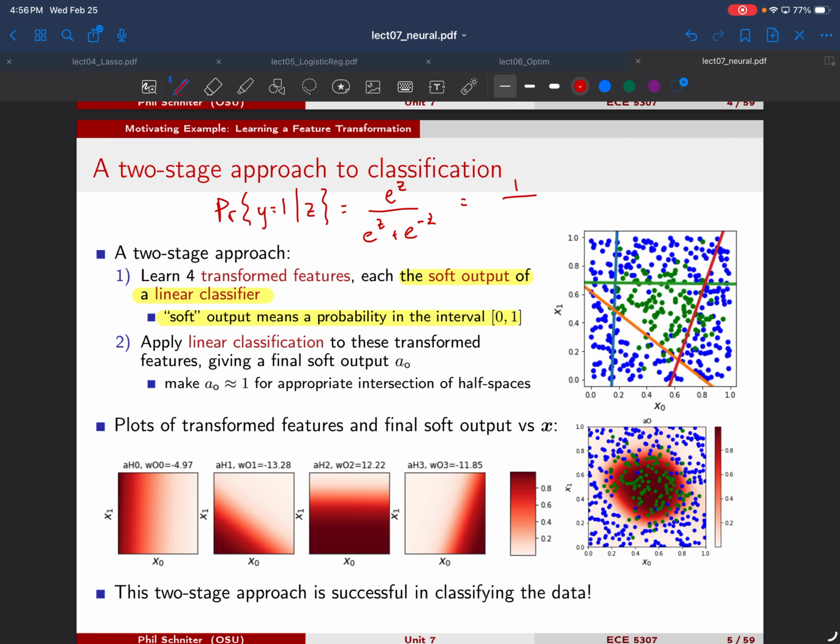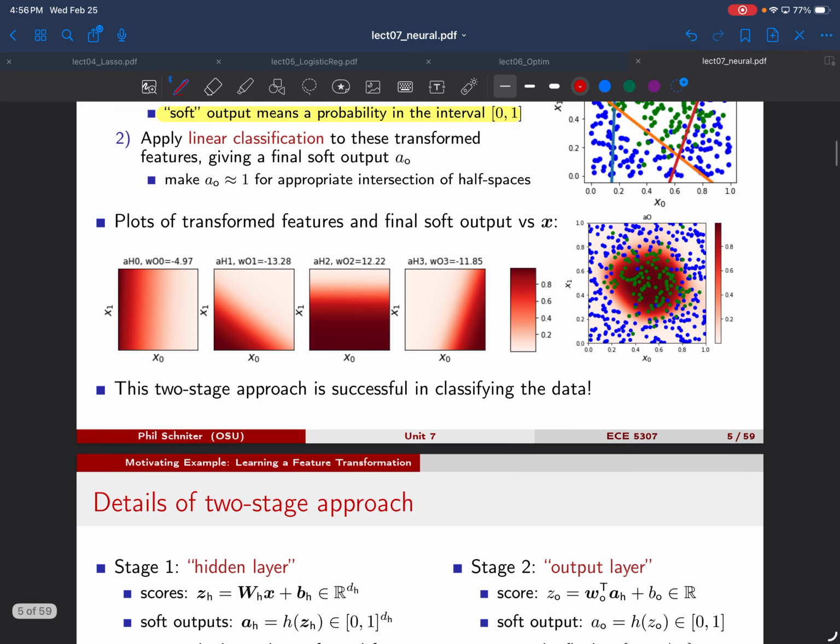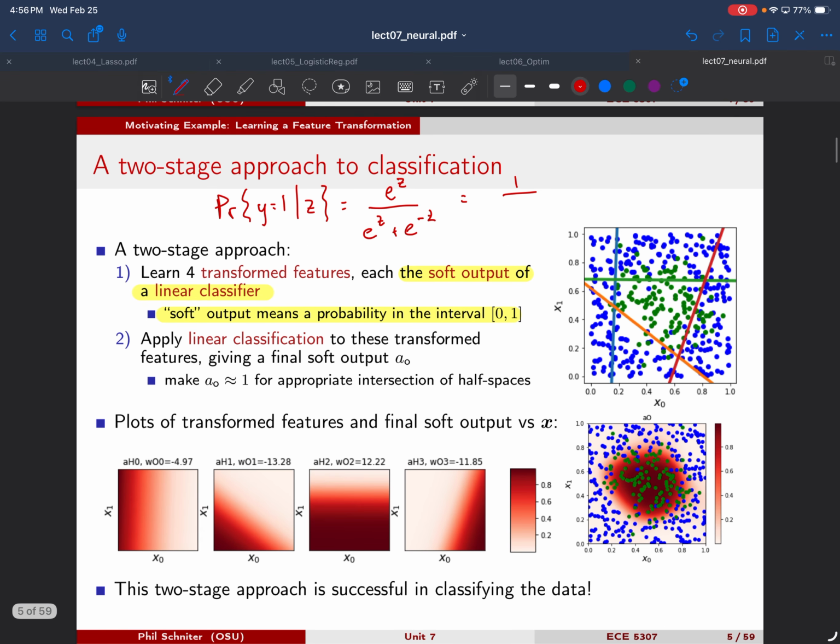You can write it as 1 over... I'm trying to remember how exactly we wrote it. It depends if we're doing labels plus minus 1. So in this case, since the labels are 1 and 0, we would write it like that.